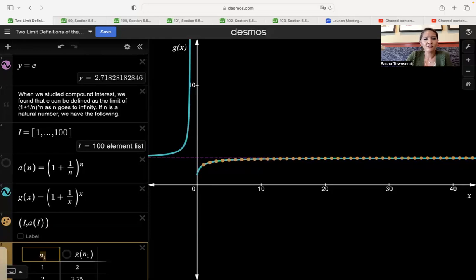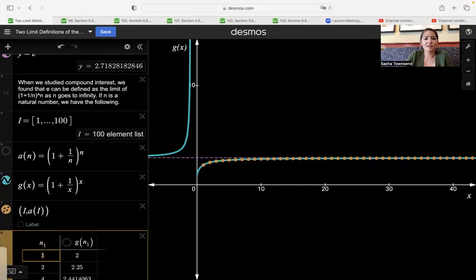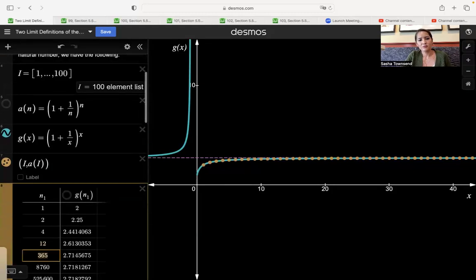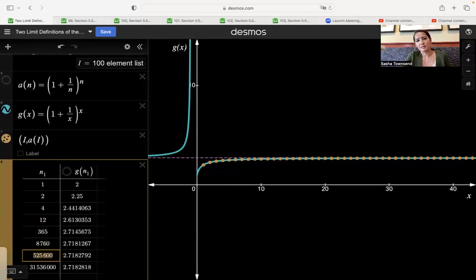And then if we want to, we can evaluate g at various values of x or various values of n. Now remember, these are values that we came up with when we were using this as a formula for compound interest. We said if we deposit $1 at an interest rate of 100%, so that at the end of a year, we would get our original dollar plus another dollar back.